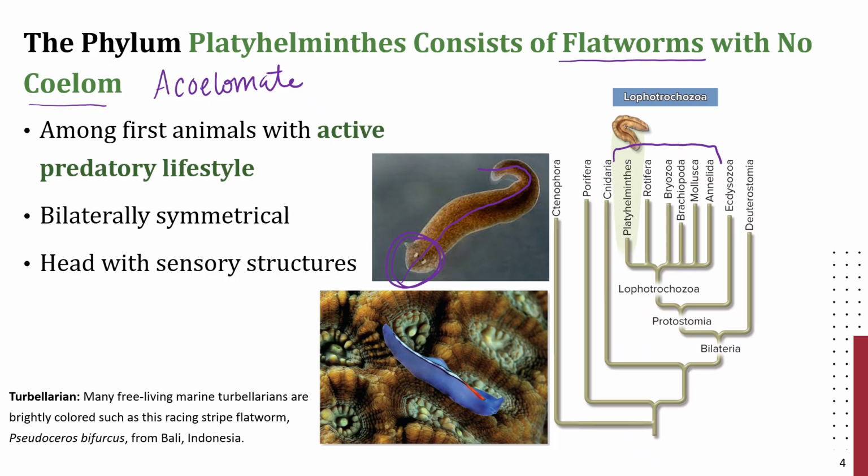This organism that we have here is a planaria. We looked at these in our animal lab. They're really fun to watch. I really enjoy them. But the cool thing about these guys is that you can cut them into sections, and each of the sections will regenerate the head and the tail end.